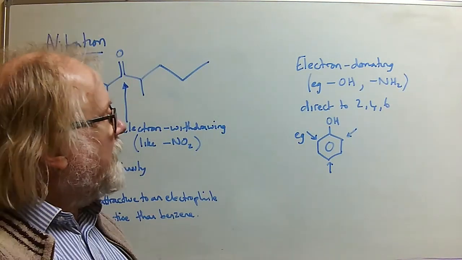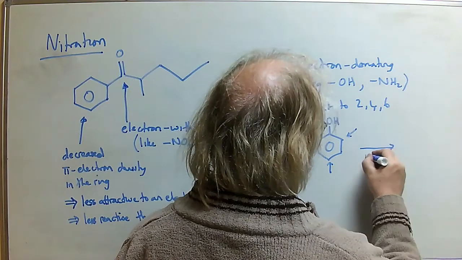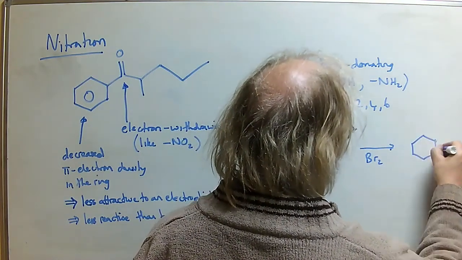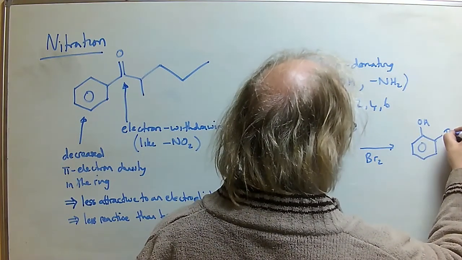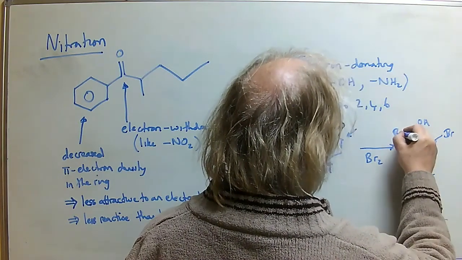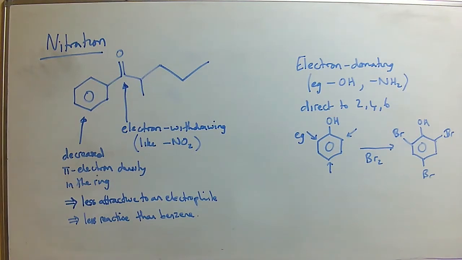And because of the increased reactivity, if you add, for example, bromine, all 3 of those will react. And you get this outcome. Now, you don't have to explain why it goes to 2, 4, 6, because that requires a more sophisticated model of what's going on in the intermediate than we use at A-level. You just have to learn 2, 4 and 6.